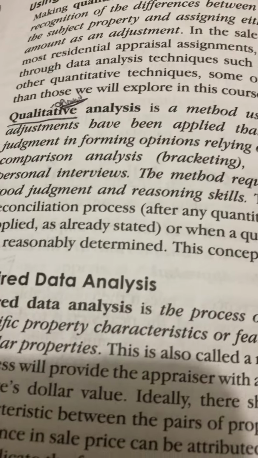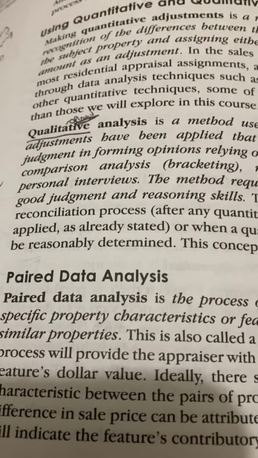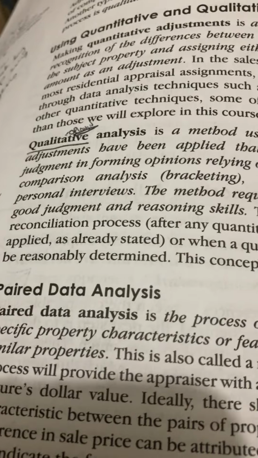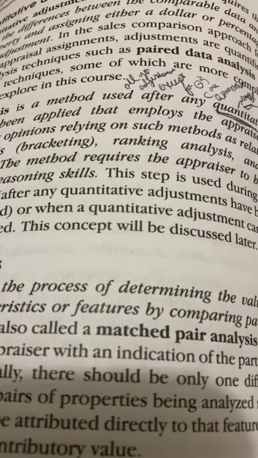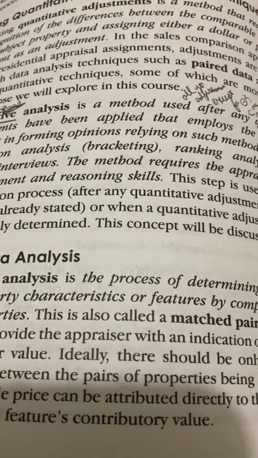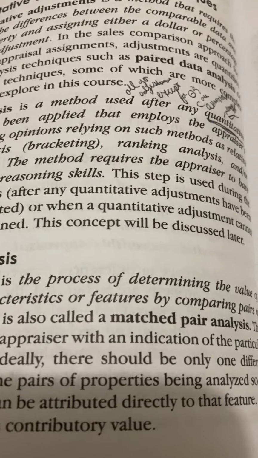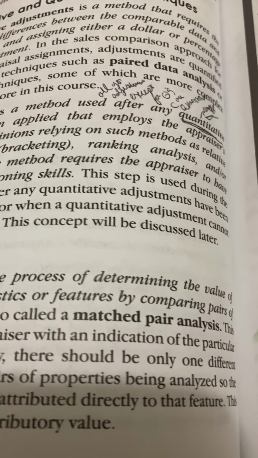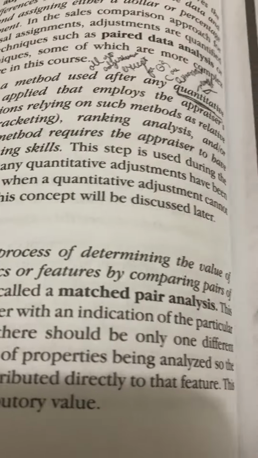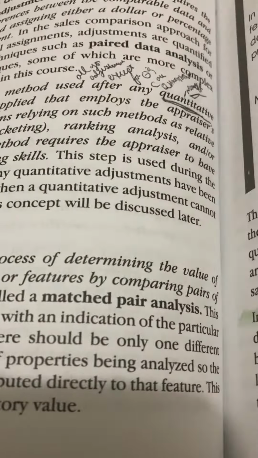Paired data analysis. Paired data analysis is the process of determining the value of specific property characteristics or features by comparing pairs of similar properties. This is also called matched pair analysis. This process will provide the appraiser with an indication of the particular feature's dollar value.